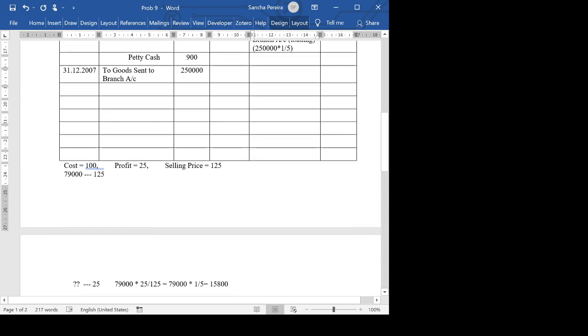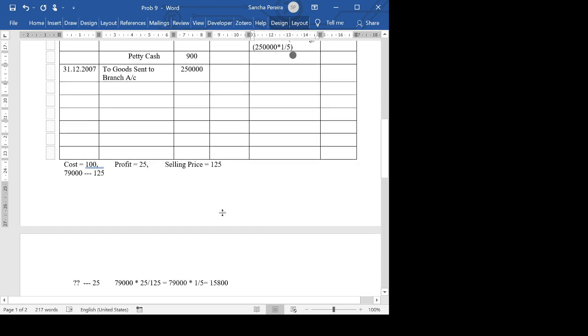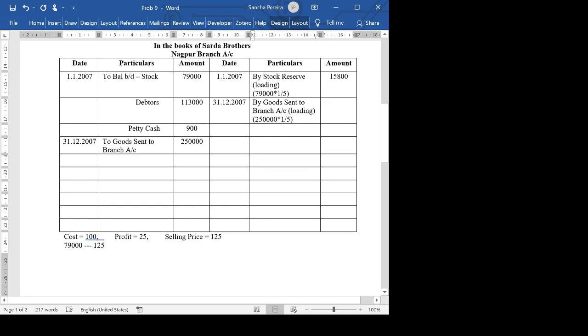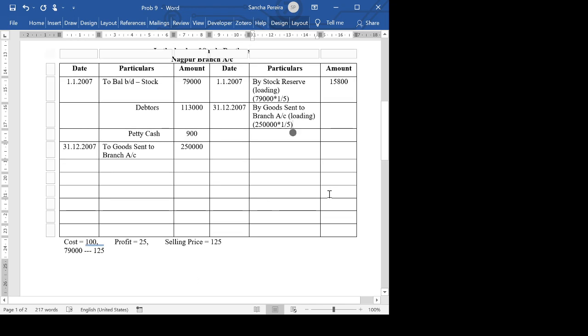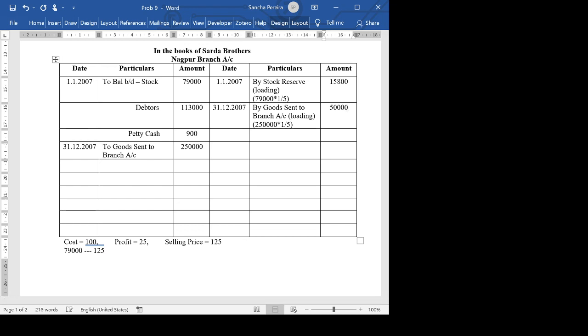I'm not going to do this for every amount. We know it is 1 by 5, so we just need to check what is one fifth of those amounts. So 2,50,000 into 1 by 5 comes to 50,000. What is the meaning of that? If you divide 2,50,000 into 5 parts, one part will be 50,000.